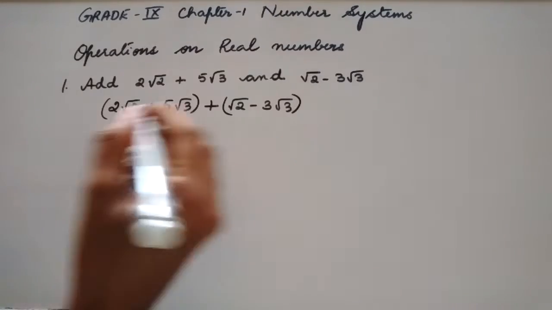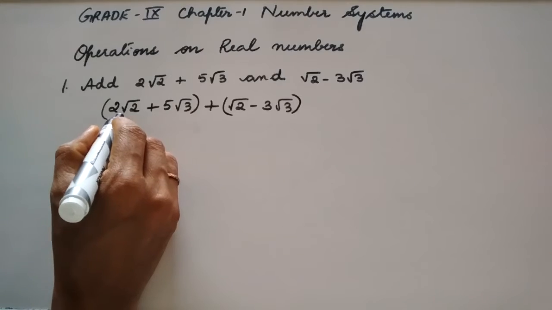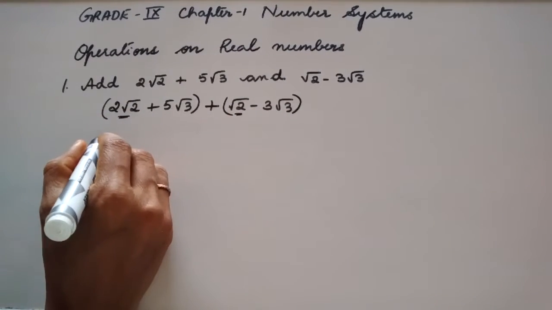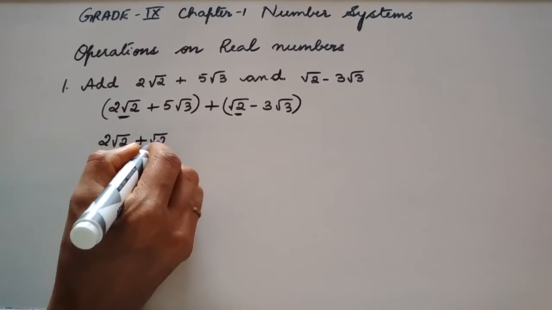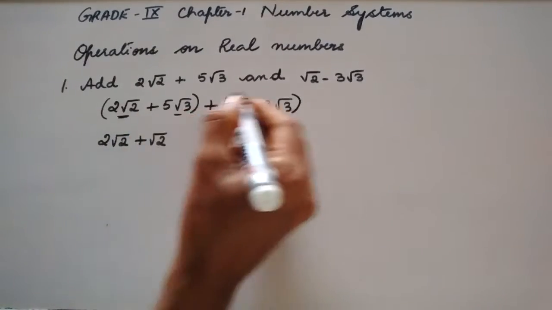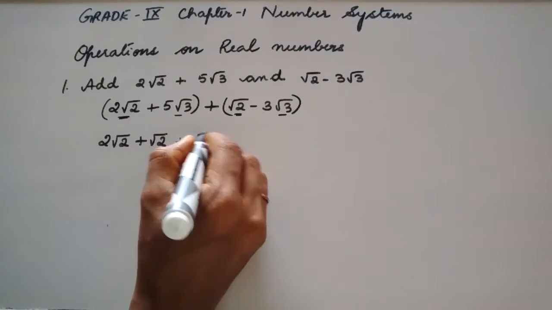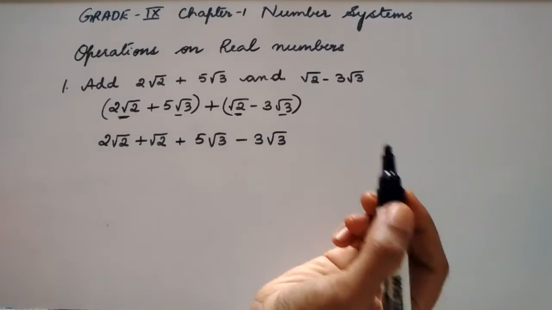Next, let us group the terms which are common. We find √2 here and √2 here, so let us write it together: 2√2 + √2. And we have √3 here and √3 here, so + 5√3 − 3√3.